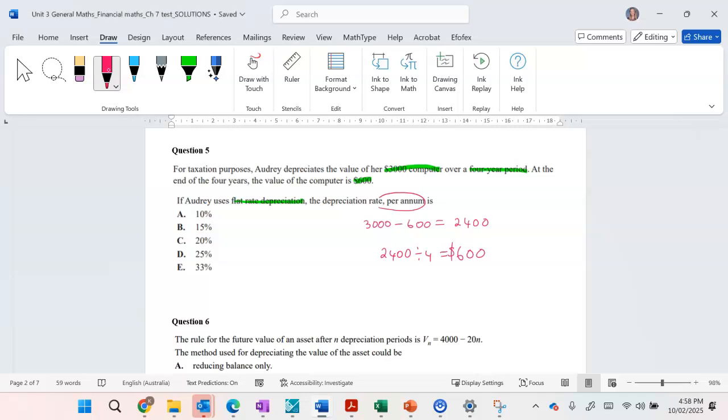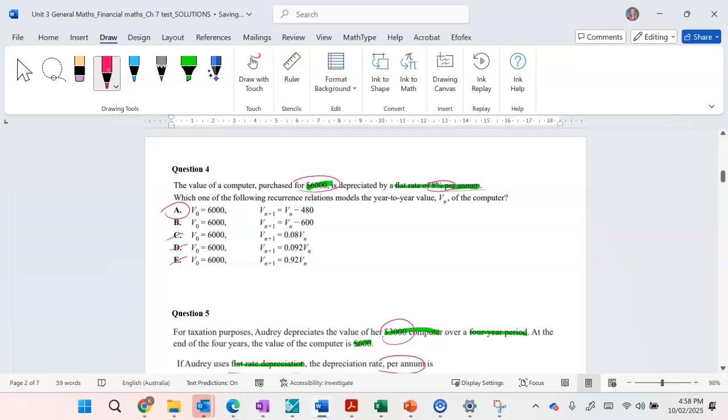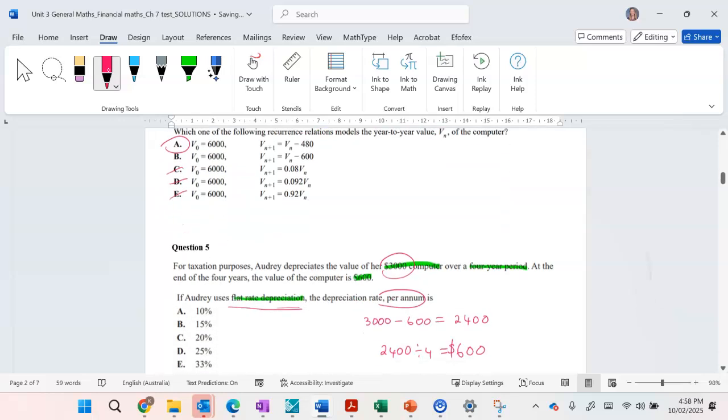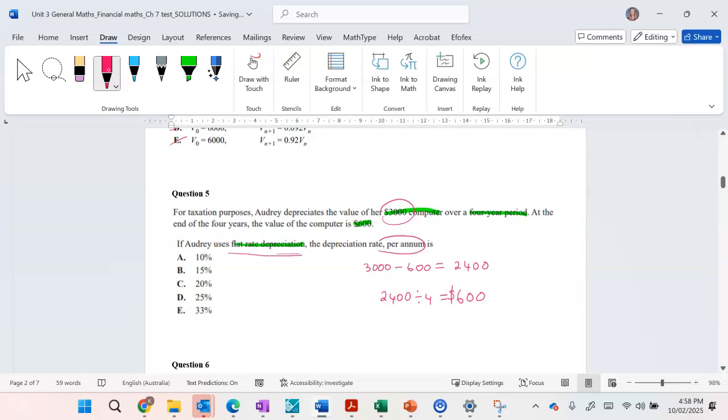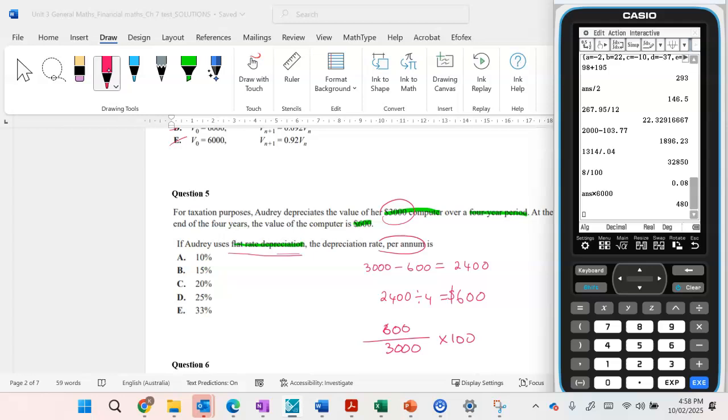All right, flat rate depreciation is a percentage of the original amount. So remember back here we took 8% of the 6,000, so it's 8% of your original amount. We don't know what percentage we're multiplying 3,000 by to get 600, but to work that out, we just take 600 over 3,000 and multiply it by 100, and that will give us our, oh my gosh, I can't think.